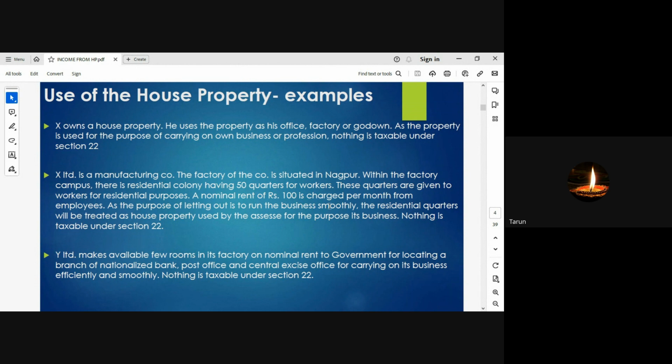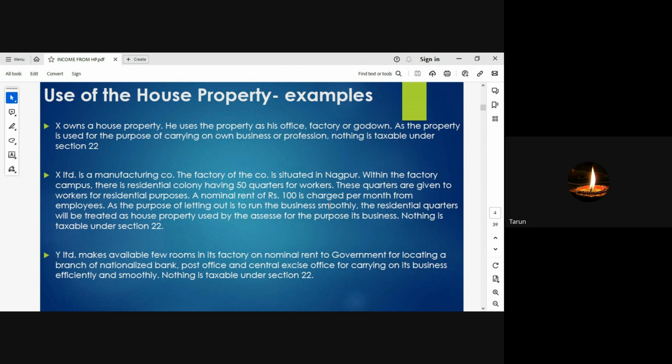If any owner owns land and lets it out for its own business, whether it would be built up as a nationalized bank, a post office, or a central excise office on such property, but if you build such offices for its own business to run smoothly, it means nothing will be taxable.